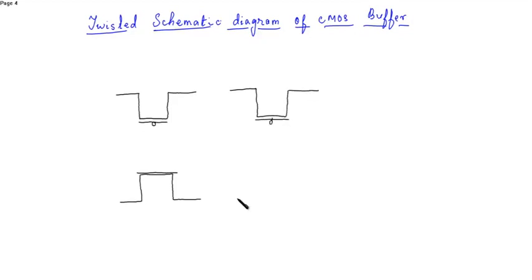The PMOS and the NMOS. So this is P1, N1, this is P2, this is N2.